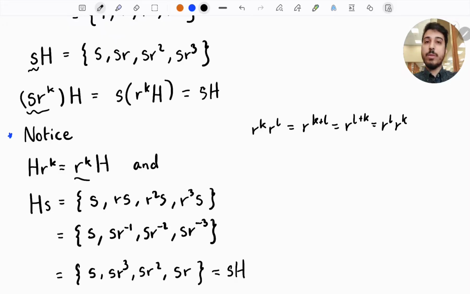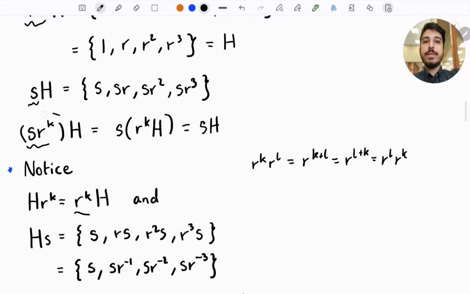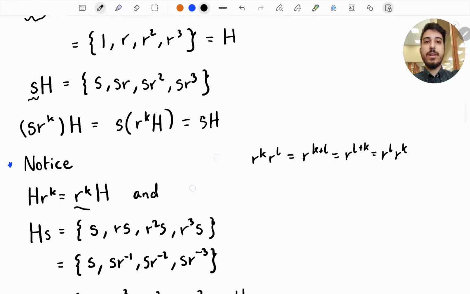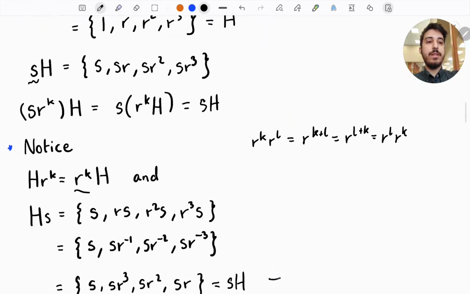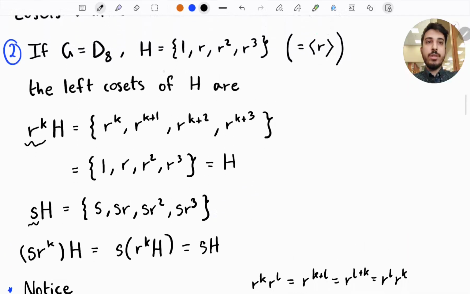And no doubt, if we have equality on these both, and since SR to the K H is equal to SH, then we have the same result for SR to the K H. So this means that H times SR to the K is equal to SR to the K H. So for this particular choice of H, notice that all of the left cosets are equal to their respective right cosets. Again, keep this in mind when we move on throughout the lesson.